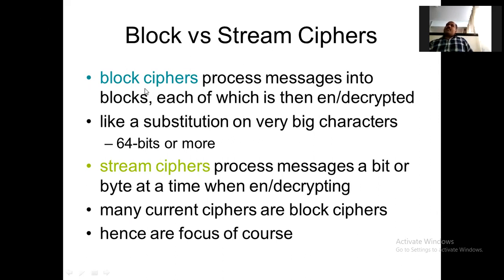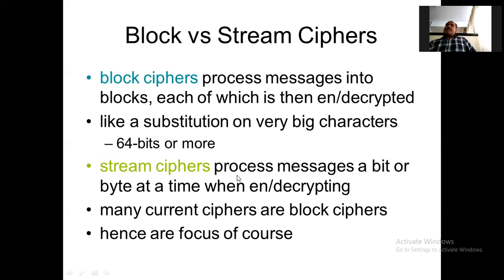Whatever the input is, we divide it into a number of bits, and that number of bits becomes one block. Block ciphers process messages in blocks, each of which is then encrypted or decrypted, like a substitution on very big characters, 64 bits or more.